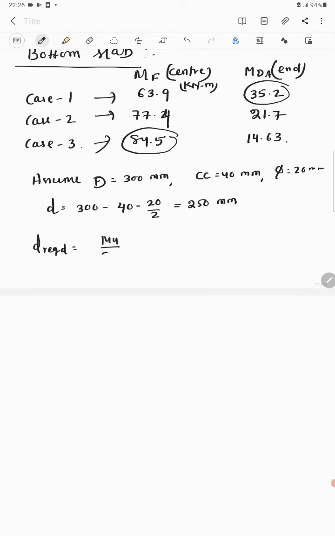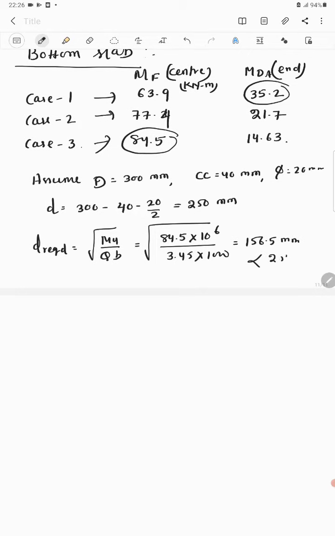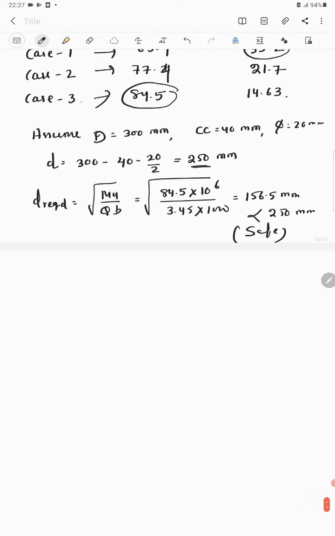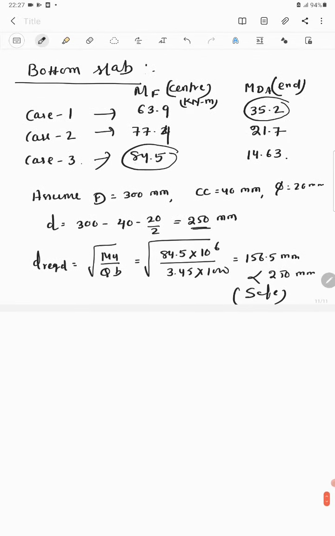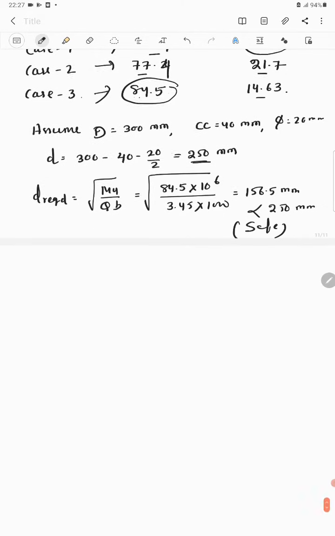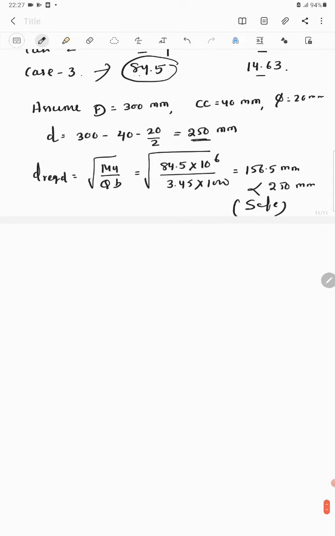That is root over M u by Q b, so this is 84.5 into 10 to the power 6 divided by 3.45 into 1000. So this is coming 156.5 mm, which is less than 250 mm. So this is safe. This depth, whatever we have assumed 250, can carry the moment of 84.5. If it can carry this 84.5, it can carry all other loads.